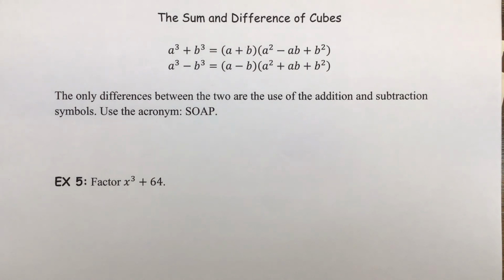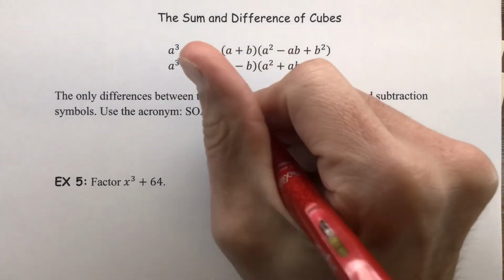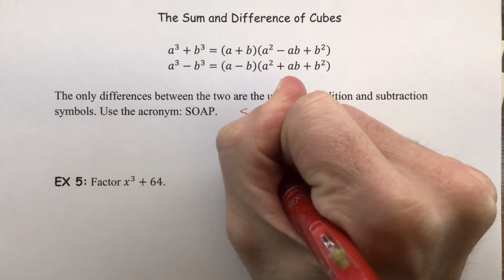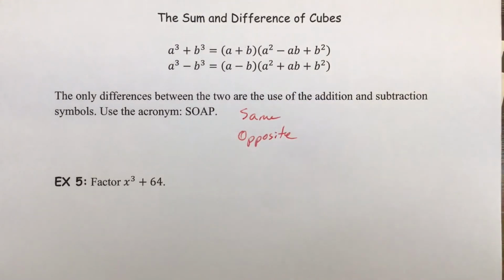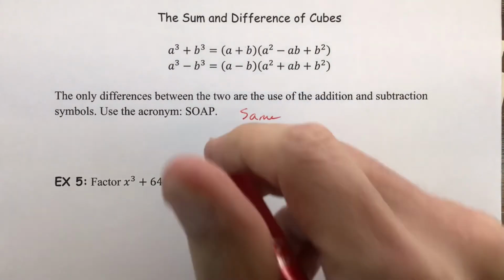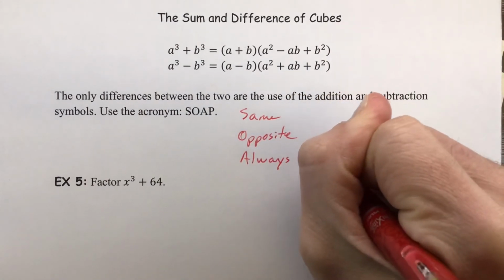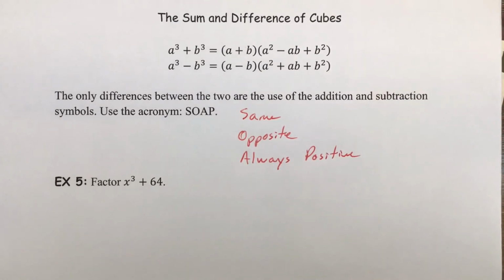The way that I teach this for students to memorize is to use the acronym SOAP. The S stands for same. The O is opposite. The AP goes together as always positive. What that refers to is the operations.